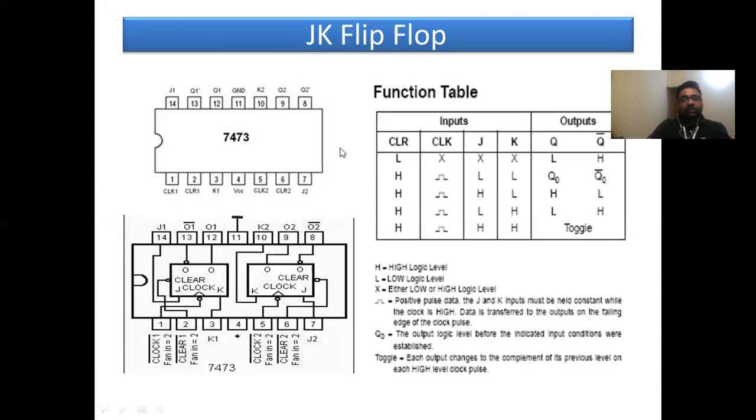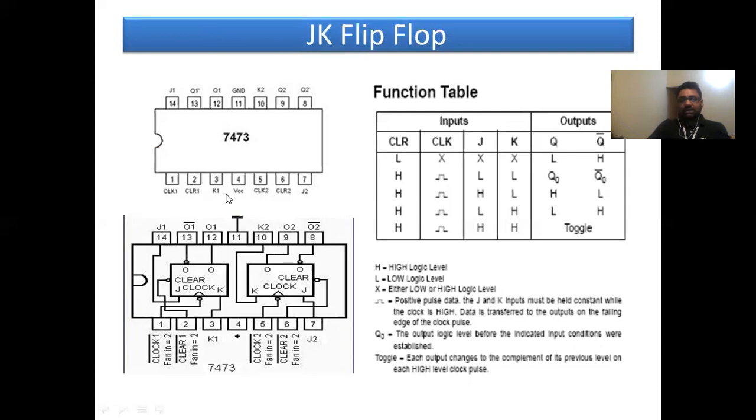This 14-pin IC has all the required pins for functioning of 2 JK flip-flops. Because as you know, a JK flip-flop in a general sense will have 2 inputs, J and K, 1 clock and 2 outputs. The 2 outputs are actually the same output, but one is Q and the other one is the complemented output. So 2 output pins, Q and Q bar.